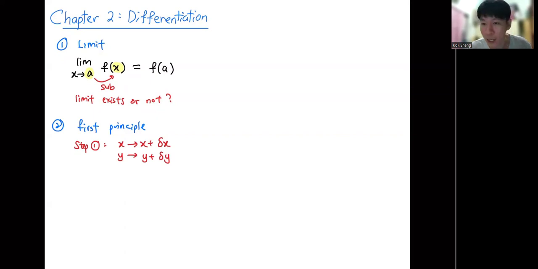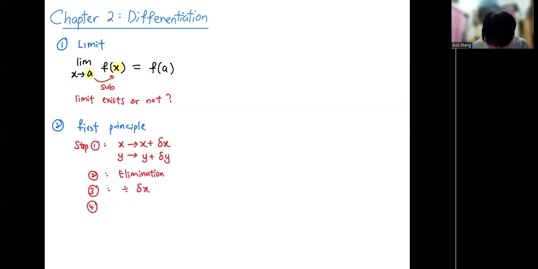Yes, the delta. Long time no see. So step 2, you have to go for elimination. The third step here, you have to divide the whole thing by the delta x.